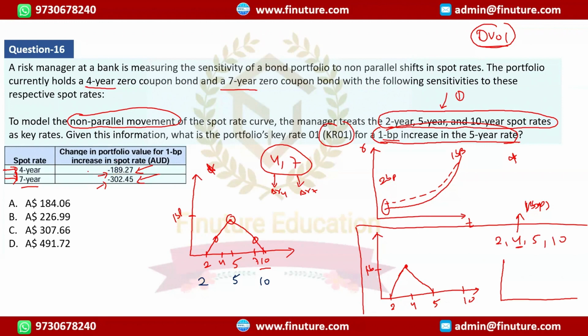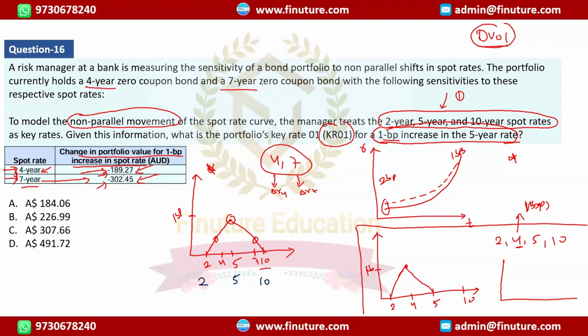Say, for example, what this tells you is the change in the portfolio with a 1 basis point increase in the spot rate. When your 4-year spot rate changes by 1 basis point, this is the corresponding change in your bond portfolio. When your 7-year rate changes by 1 basis point, this is your corresponding change in the bond portfolio.